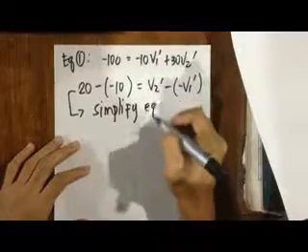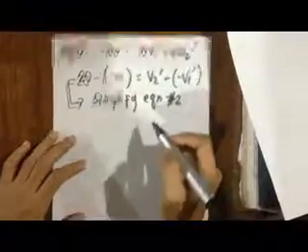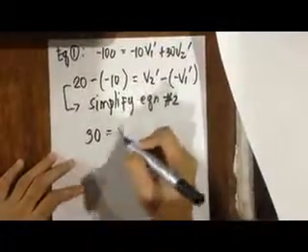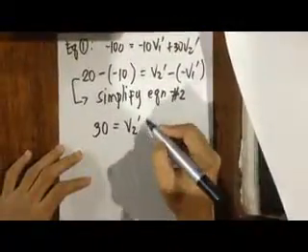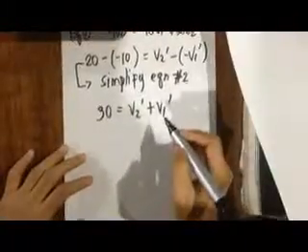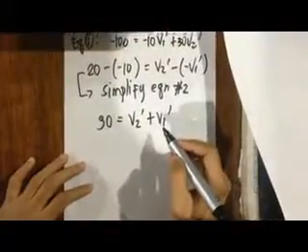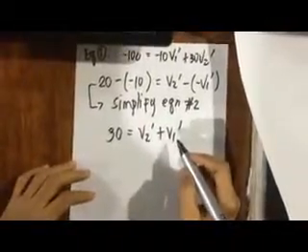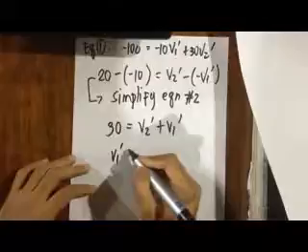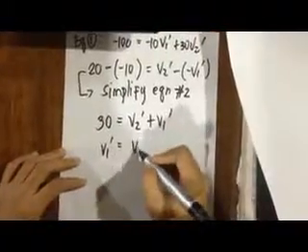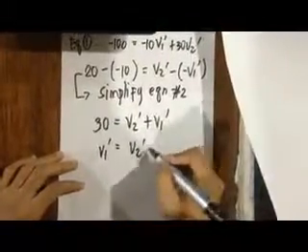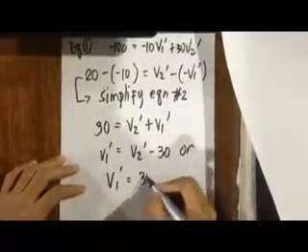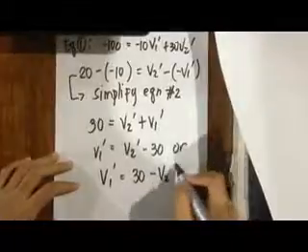Simplify equation number 2. So 20 minus negative 10 will be 30, equal to v2 prime plus v1 prime. Expressing in terms of v2, v1 prime would be v2 prime minus 30, or it could also be v1 prime equal to 30 minus v2 prime.